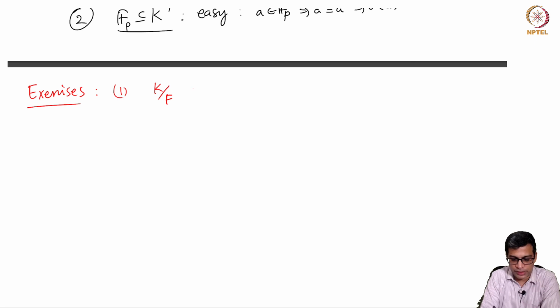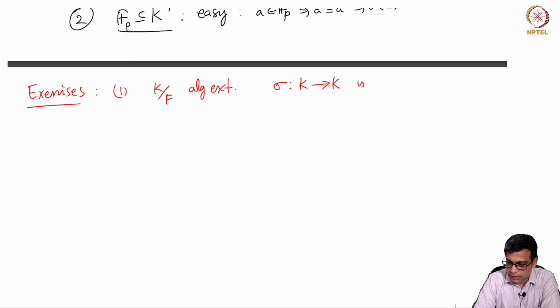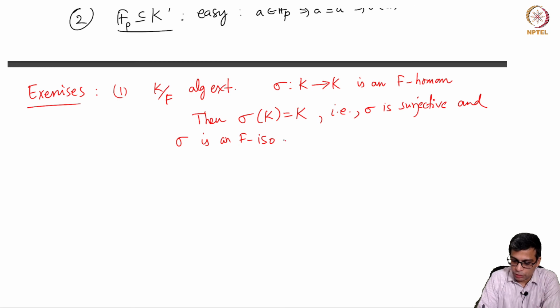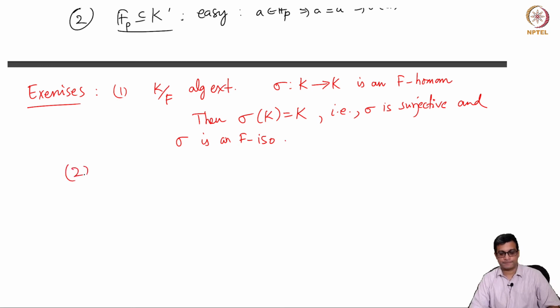So K over F is an algebraic extension, and sigma from K to K is an F homomorphism. Then sigma of K is equal to K. That is, sigma is surjective, and sigma is an isomorphism in fact. Okay, this was covered in the previous problem session.